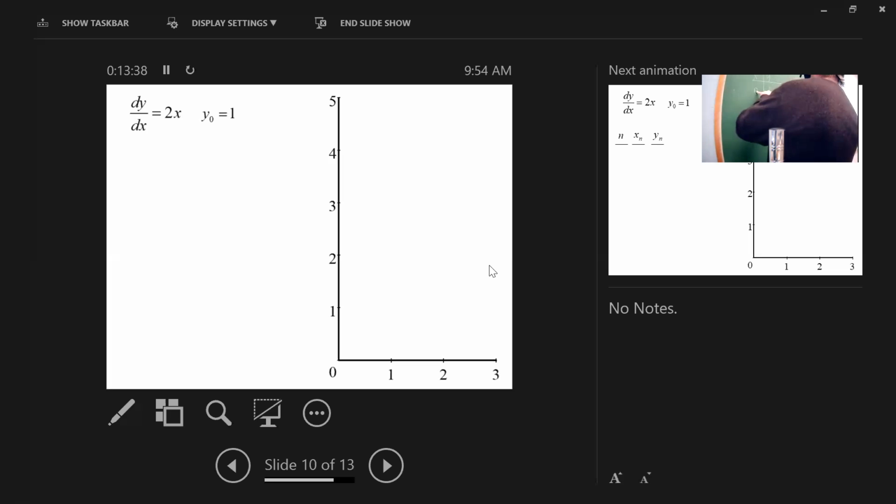We have this 0, 1. The derivative is 2 times 0, which is 0. The slope here is 0. What's the change in y? 0 times 0.5. The change in y is 0. So when I go to 0.5, I would still be at 1.